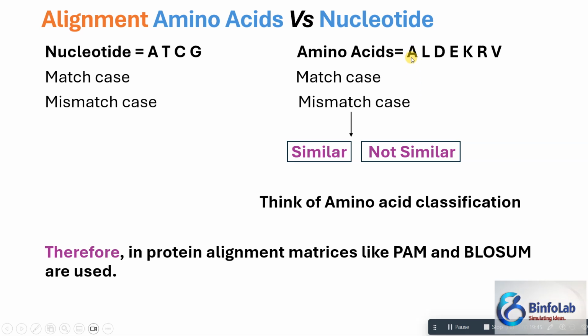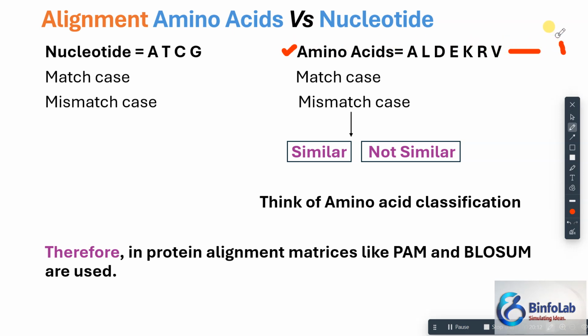In that case, they are not a match case, because sequence 1 has A, but sequence 2 has something different. Let's say this is sequence 1, and now here we have sequence 2, so I'm going to draw it.